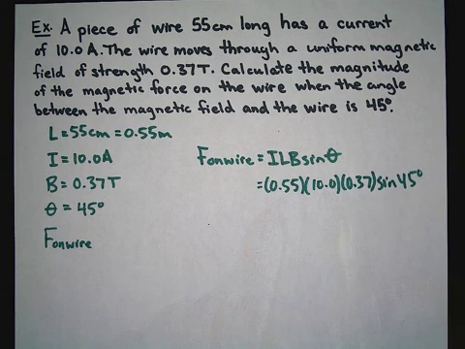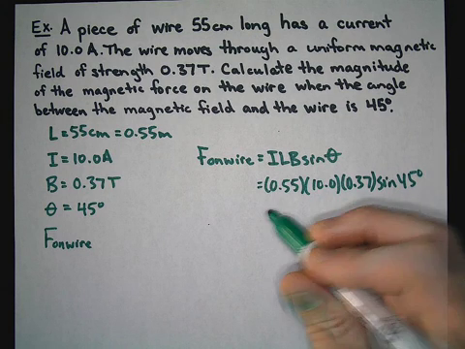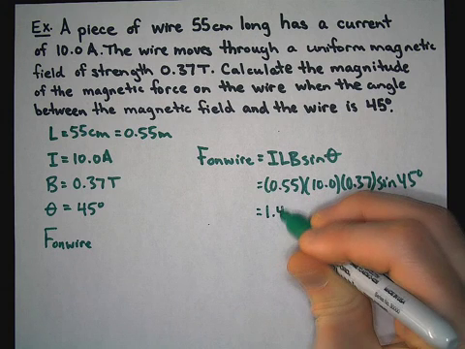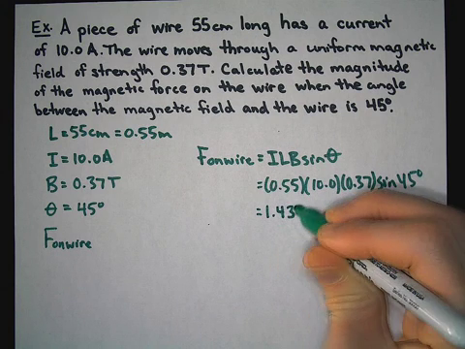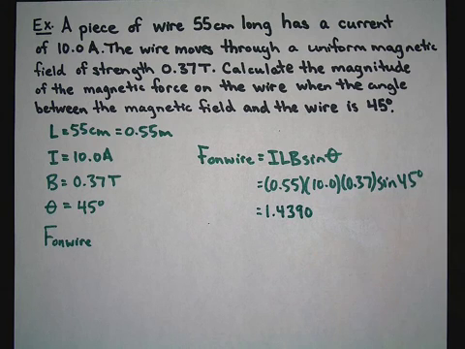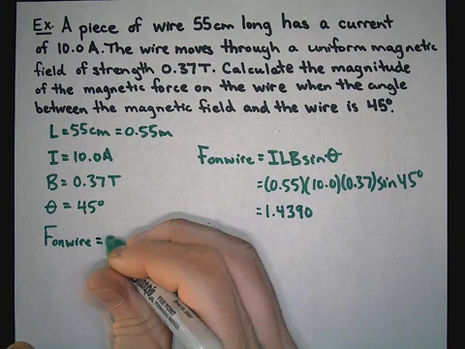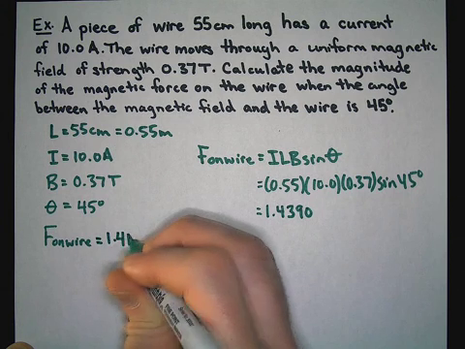Remember, multiplication is commutative, so it can go either way. However, when we do calculate this, we look at our question to see only 2 significant digits are allowed, so therefore the force that's on the wire is 1.4 newtons.